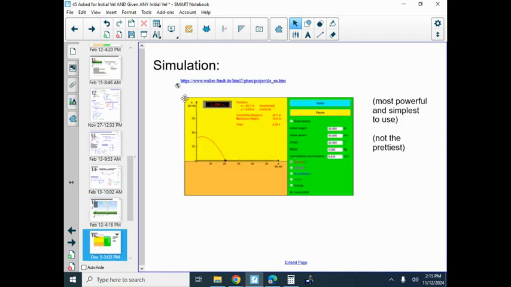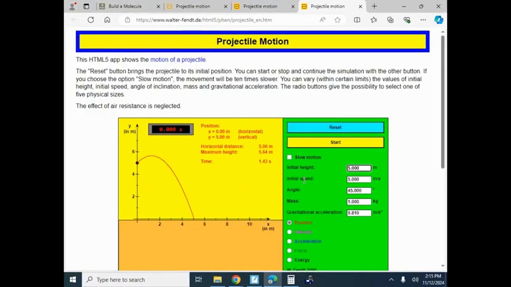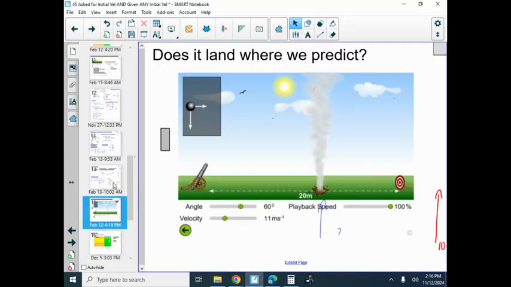But we can go to this program and put in the 11 and the 60 and see where it goes. I think we want that as 0 for now because we're doing the simple case. You launch it and see that it has a maximum height of 4.63, 1.94 seconds, and a horizontal distance of 10.7. Is that what we had recently?